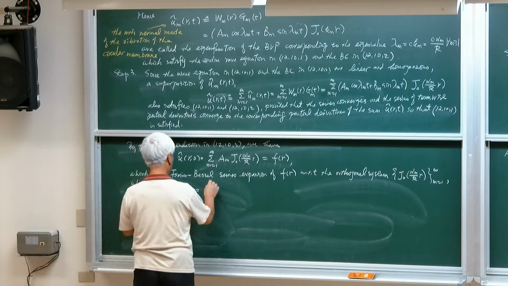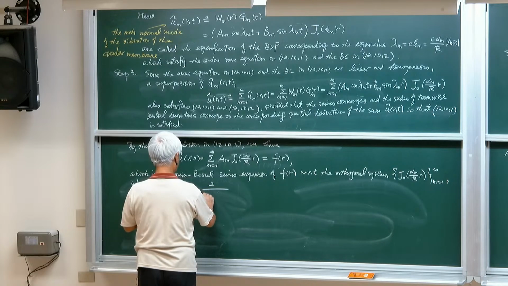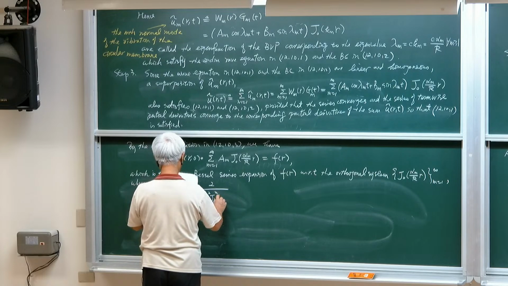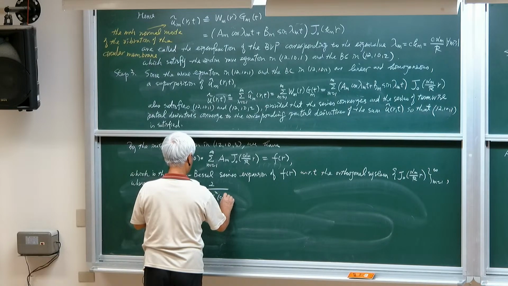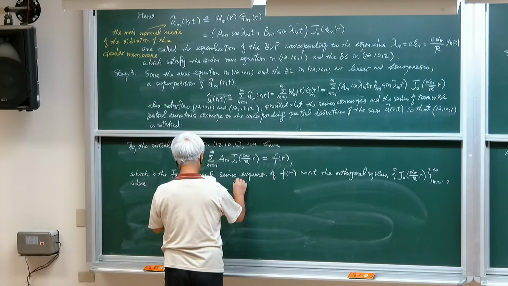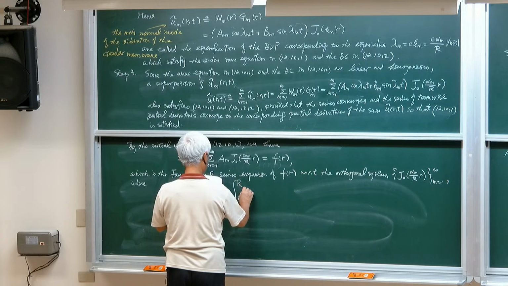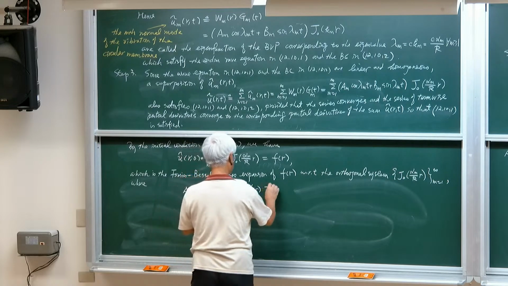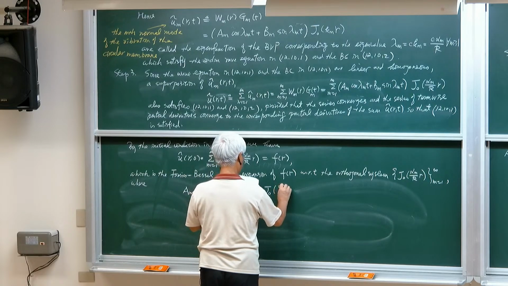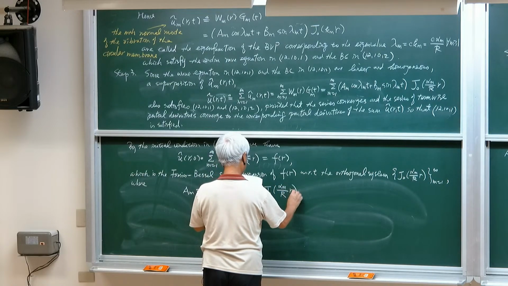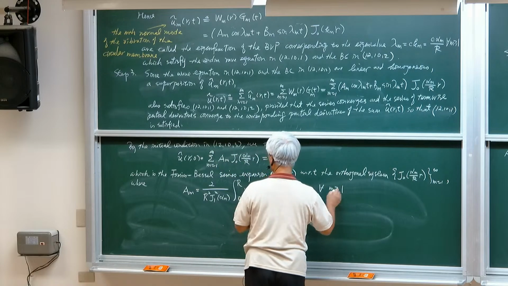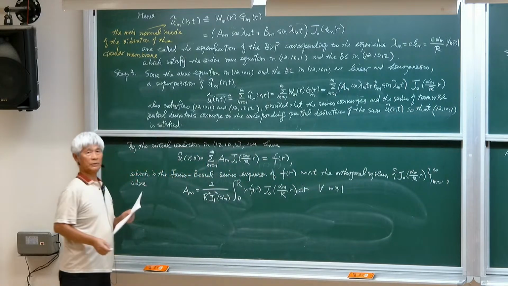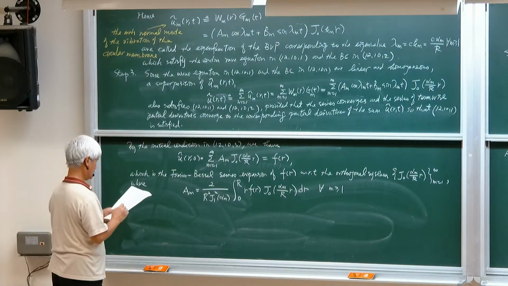So A sub m would be 2 divided by R squared J1 squared of alpha sub m, times the integral from 0 to R of r f(r) J0 of alpha m r over R dr, for all m greater than or equal to 1. So we know how to find that.